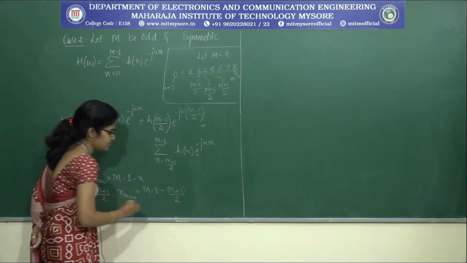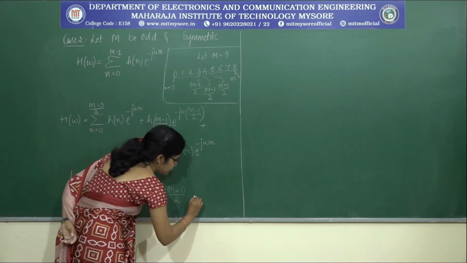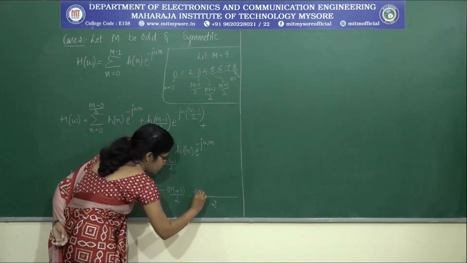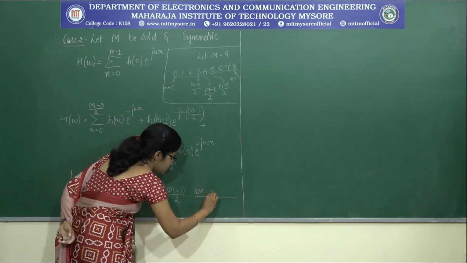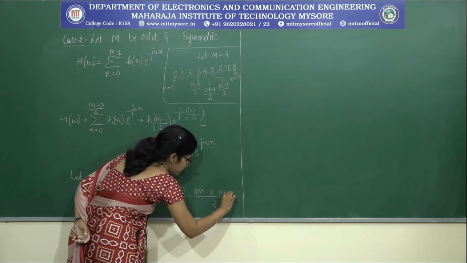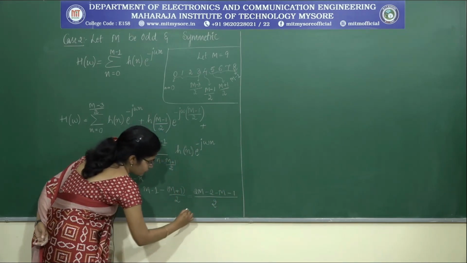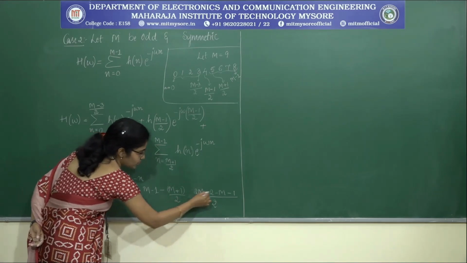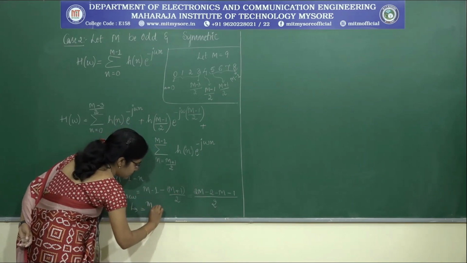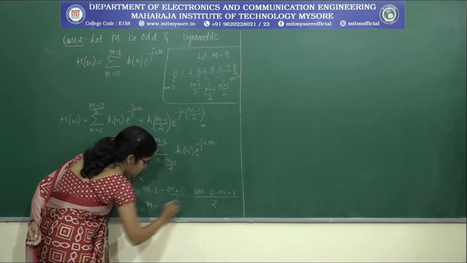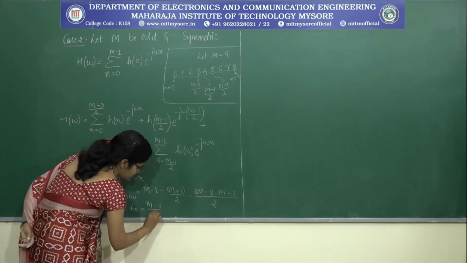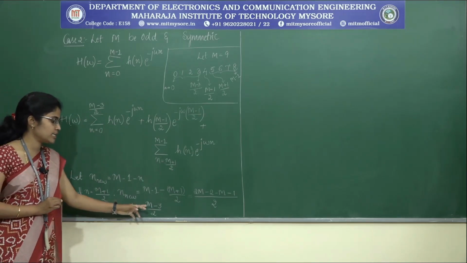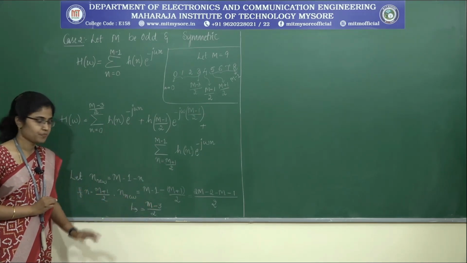If I take LCM, it will be 2m minus 2 minus m minus 1. Simplifying, 2m minus m is m, minus 2 minus 1 is minus 3, divided by 2. So, the new limit which we got is m minus 3 by 2.